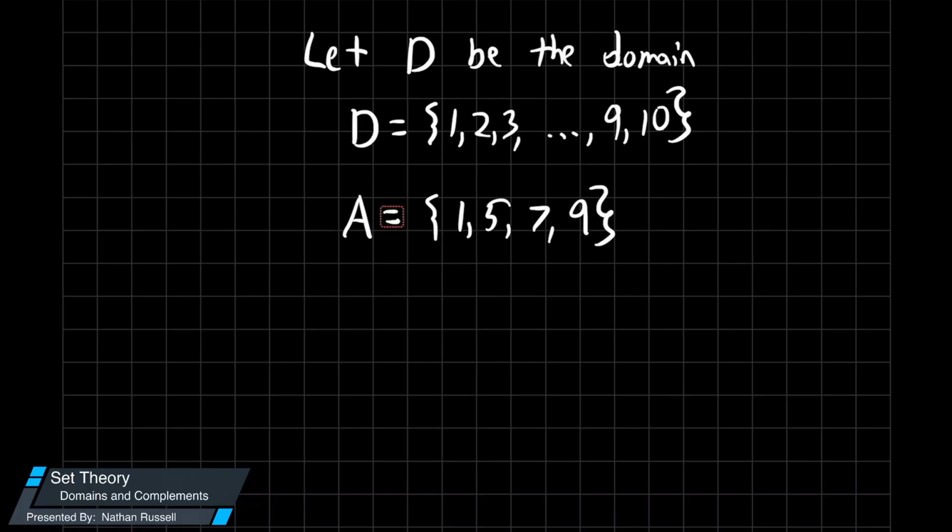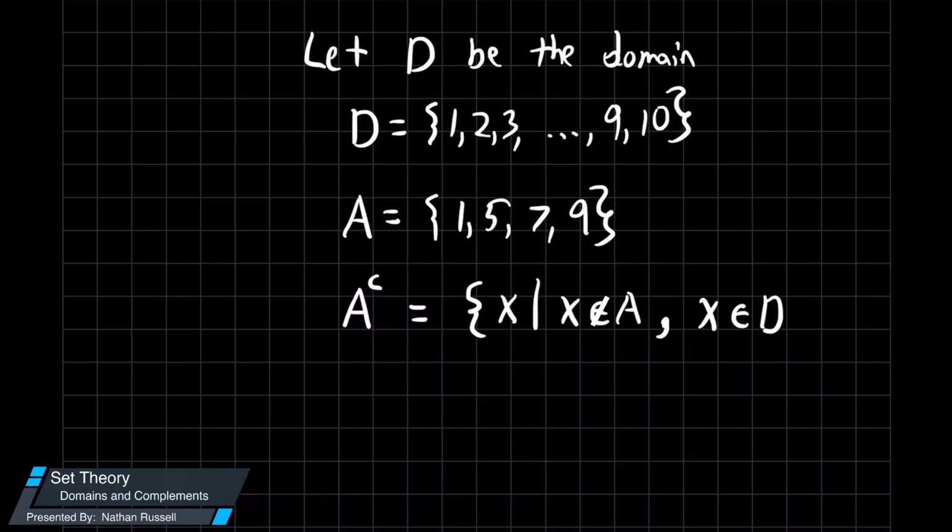Now, when we were discussing before, a complement is effectively this set in set builder notation. It's the elements such that they are not in A, but they are in the domain. So effectively, it's everything in the domain that is not in set A.